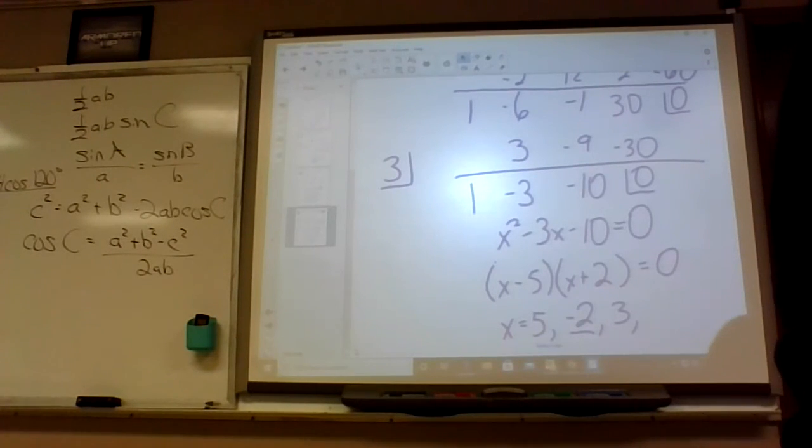Backwards? Subtract everything up to negative 3. That's another one's a fraction.